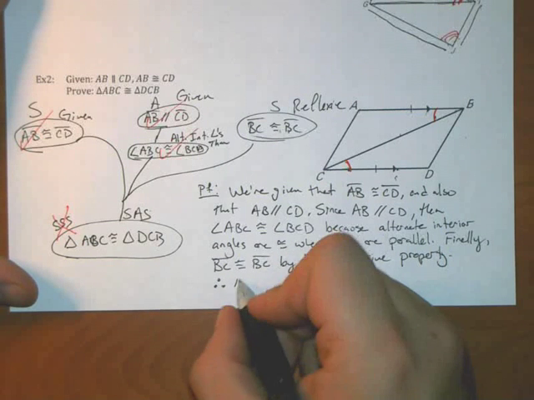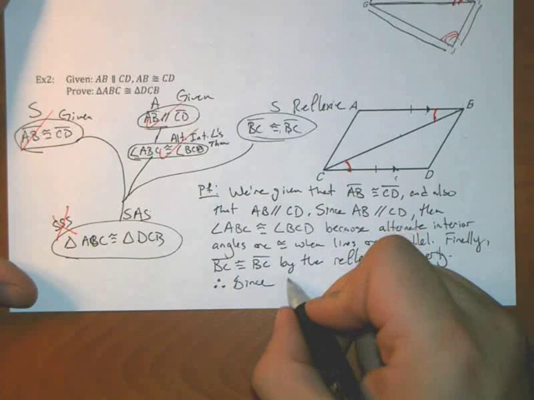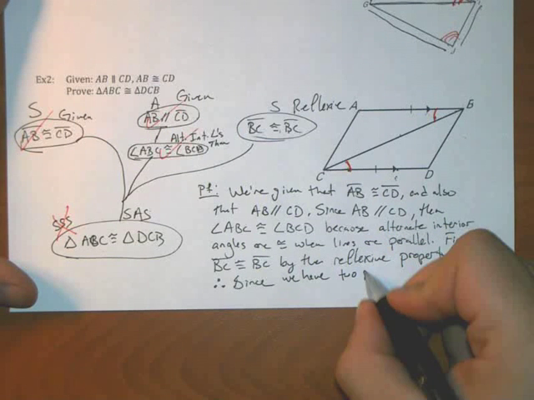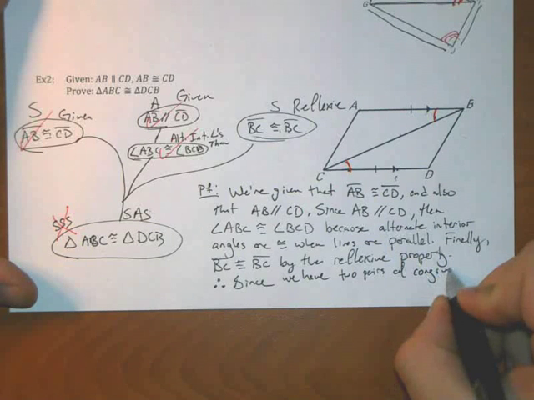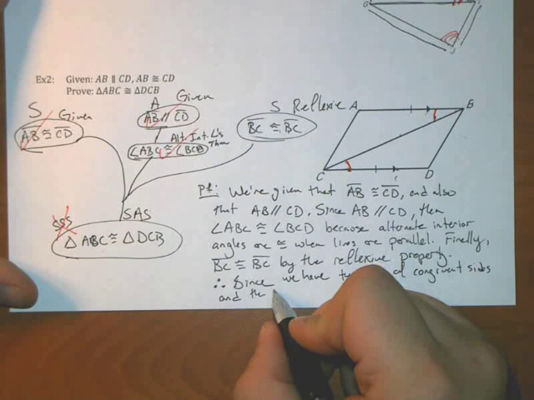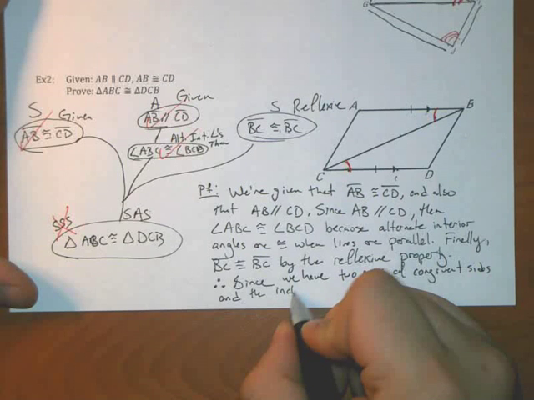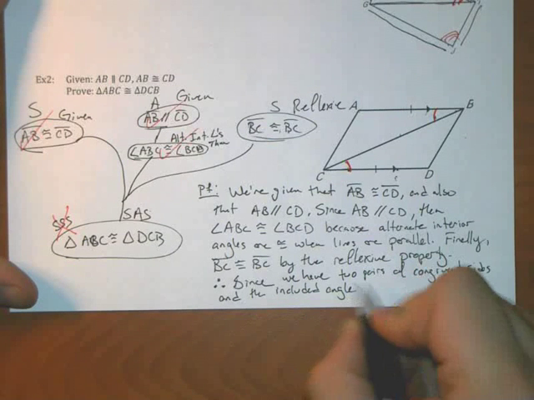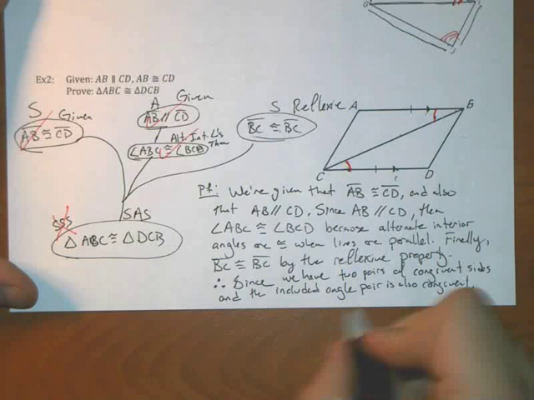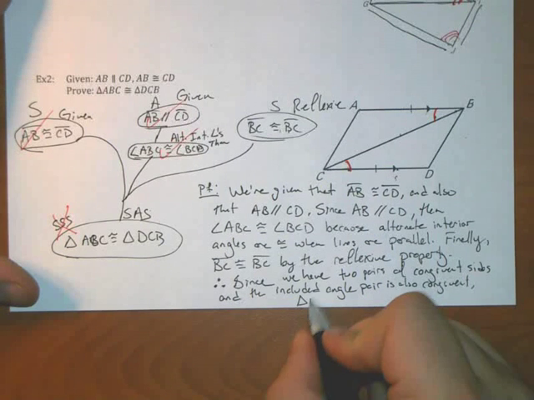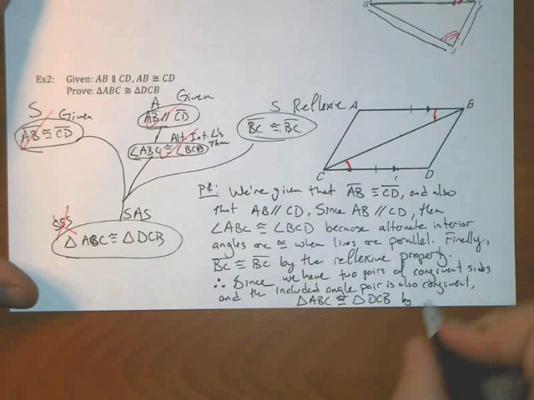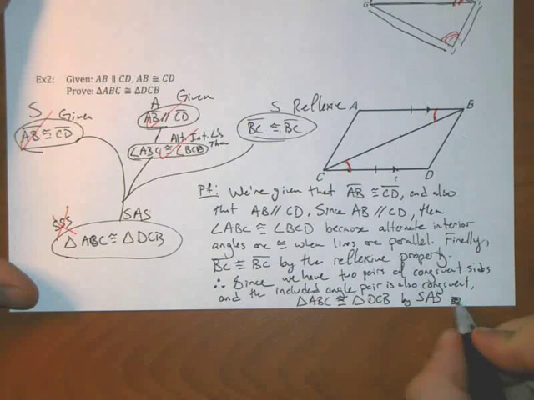Therefore, since we have two pairs of congruent sides and the included angle pair also congruent, triangle ABC is congruent to triangle BCD by side, angle, side.